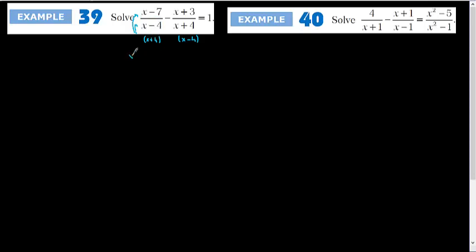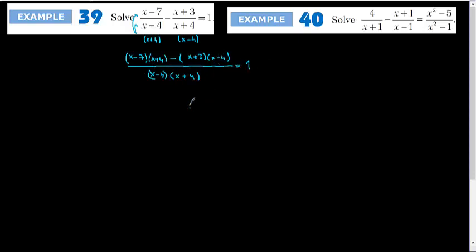So the first term is x minus 7 times x plus 4. Then the second one, with a minus sign, is x plus 3 times x minus 4. And the denominator becomes x minus 4 times x plus 4, and it's equal to 1.